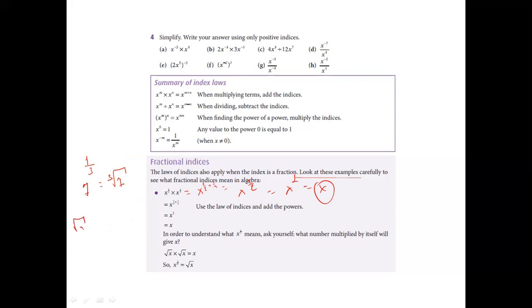So the square root of x times the square root of x: the powers are the same, the roots are the same, and the base is the same. You get the square root of x squared, and you simplify the power of x with the root, and you get just x.